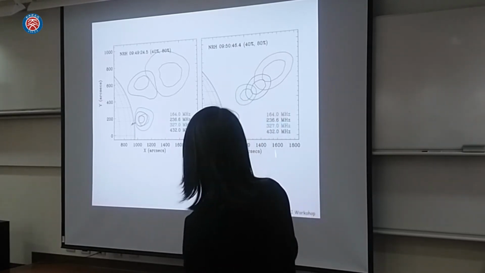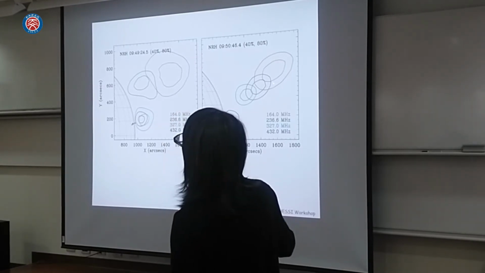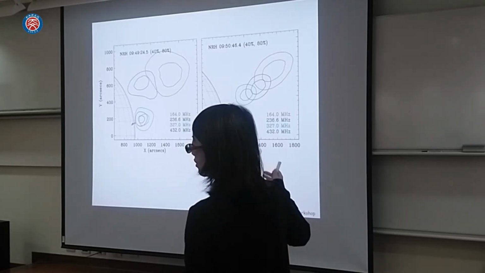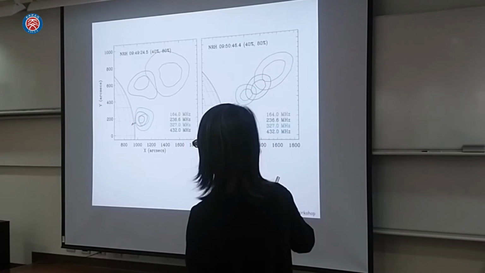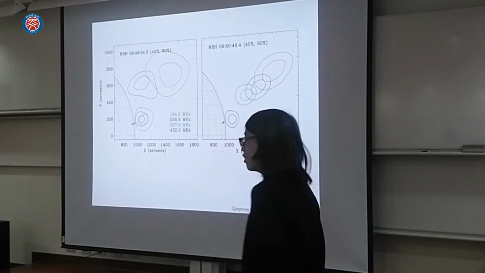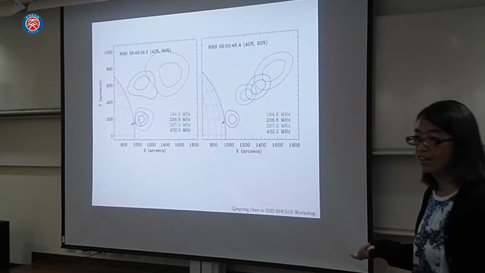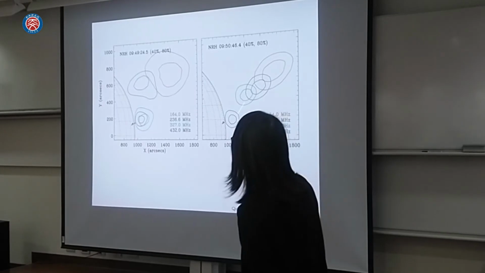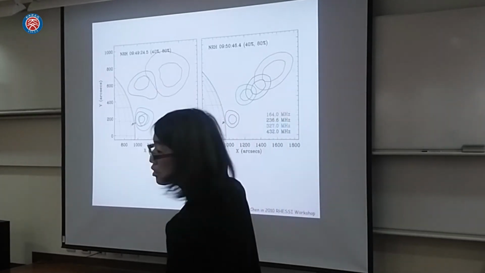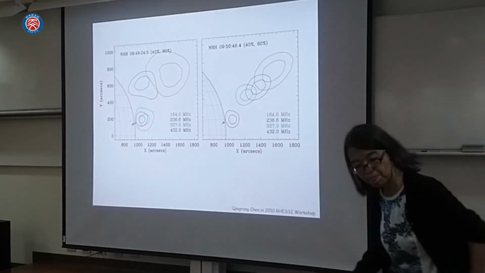So it seems like the radio emission at lower frequency is located higher, right? Why? What's that? Because you can see those are almost at the same time.